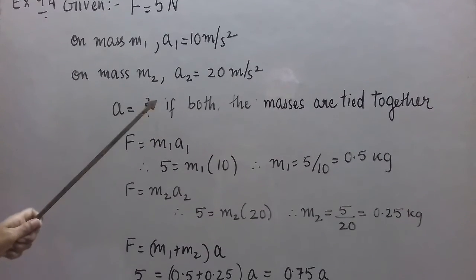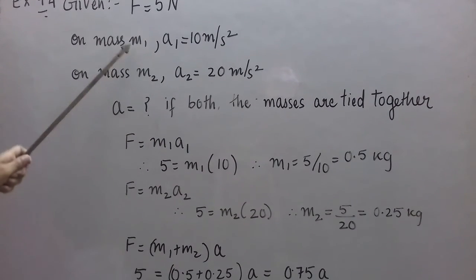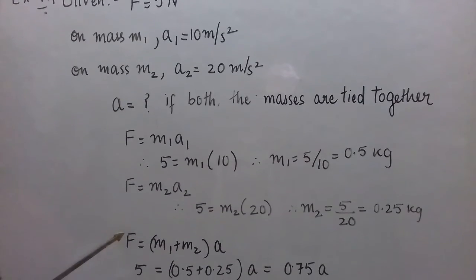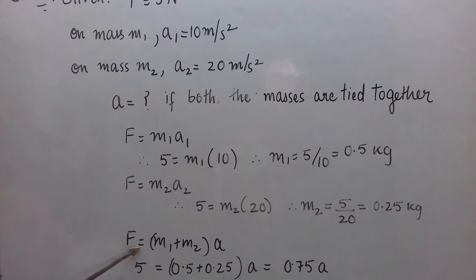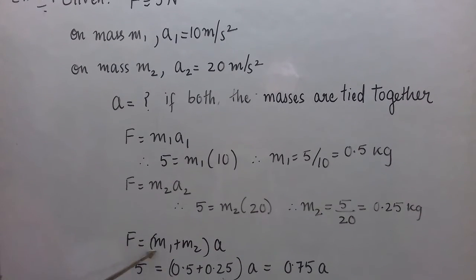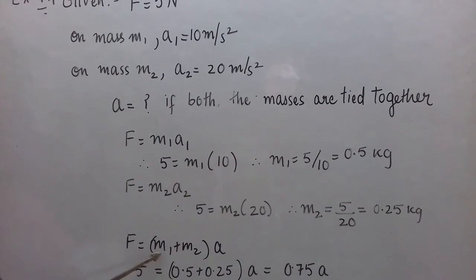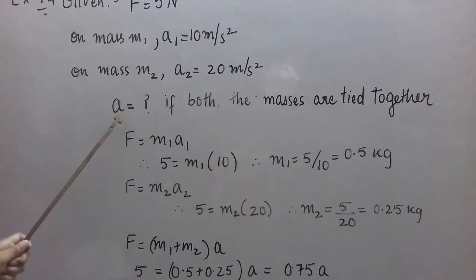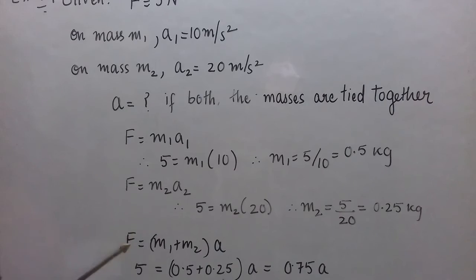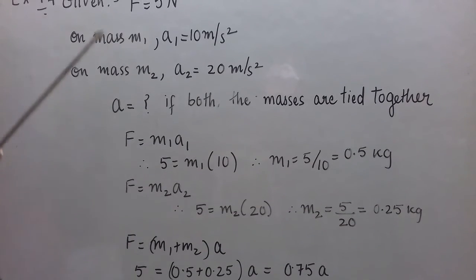Tied together means the mass is m1 plus m2. So using the same formula, we write F is (m1 plus m2) into A, where A is the acceleration produced that we have to find out. Now put the value of F as the same force, 5 Newton.